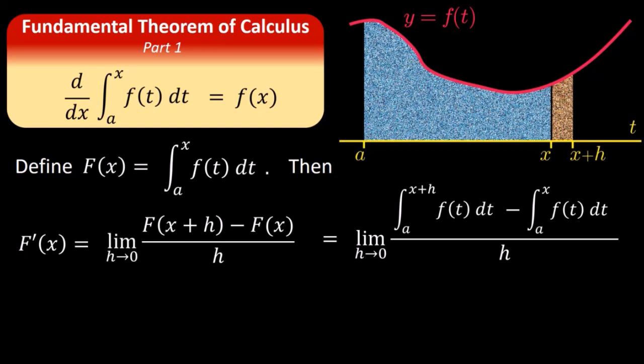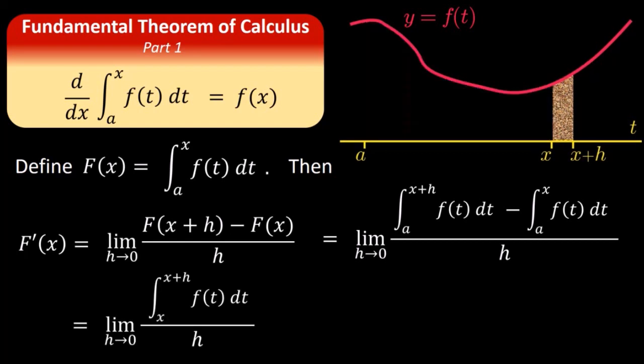Whereas capital F of x is just the area from a to x. So I have two different areas, and I'm subtracting. And so when I subtract off and divide by h and take the limit, that's what I'm looking for. But of course, if I subtract those two areas, then all that's left is this vertical strip that's now shaded in brown, the strip between x and x plus h.